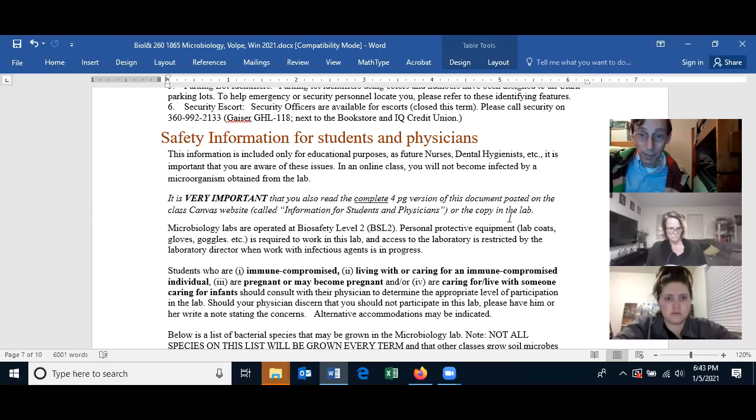Everything we do will be done online, so you don't really need to perform your work with safe guidelines so that you don't take the microorganisms home and get sick from them, okay? But you need to know about the safety information because you will be quizzed on it. Any questions about that?